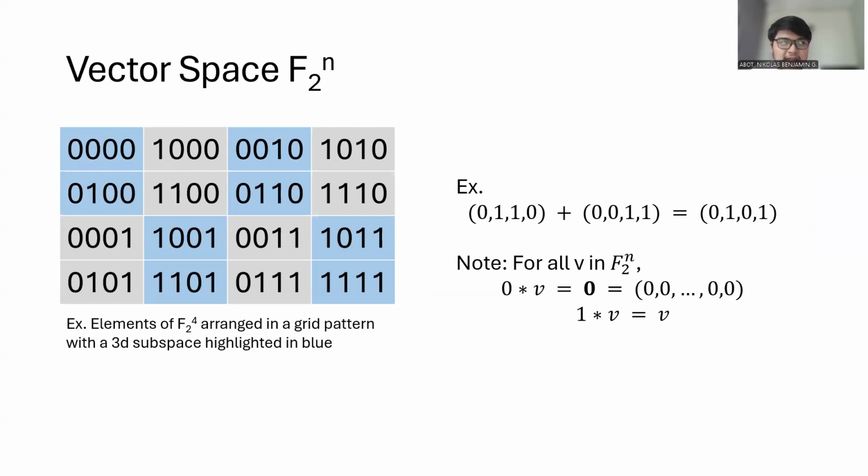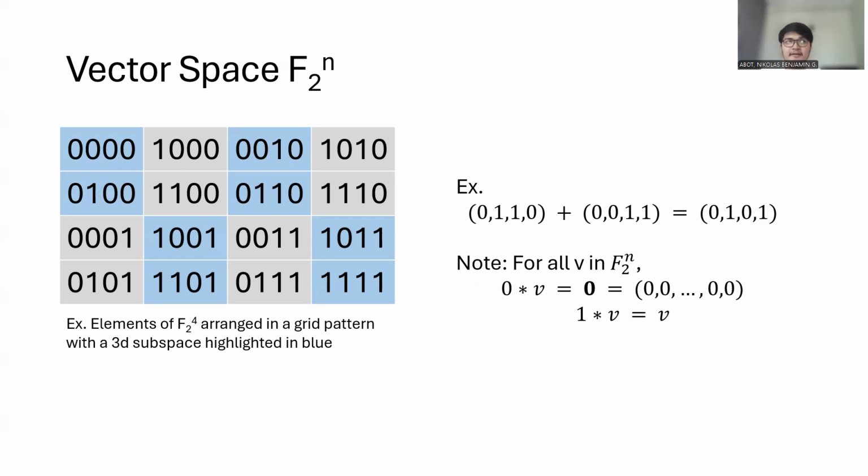And you can scale in some sense, though in the case of vector spaces over the field F2, the scaling is relatively trivial, since you're either multiplying by 0 or by 1, which doesn't change anything. Here we find that strings of length n of elements in F2 do form a vector space. Here we have F2 to the 4 with the elements arranged in a grid pattern.